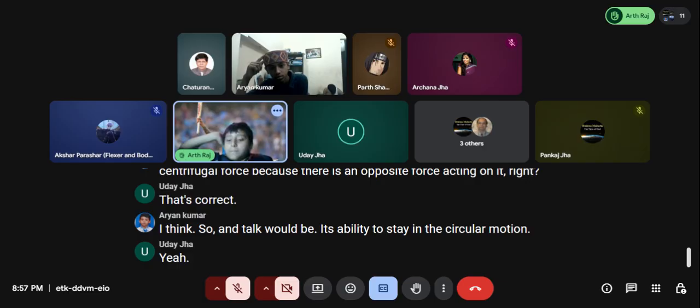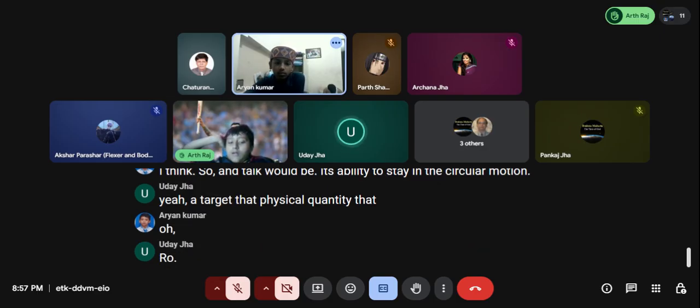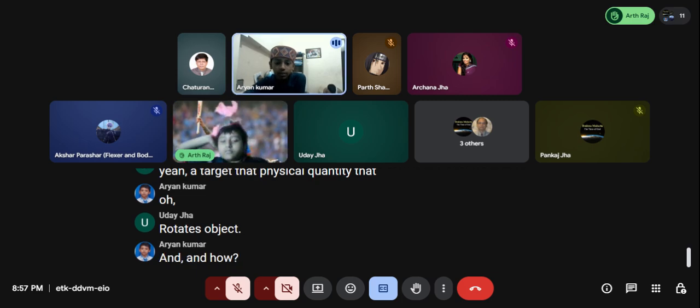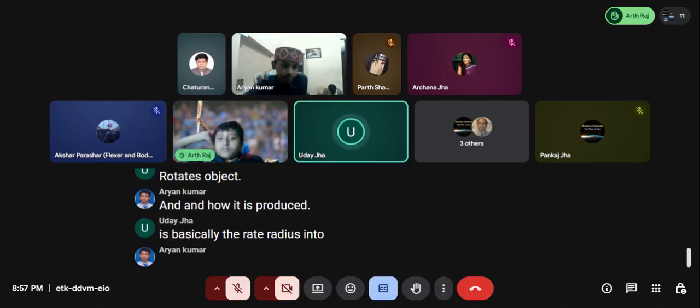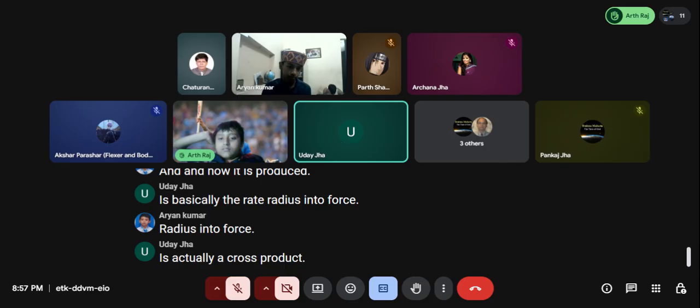Torque is that physical quantity that rotates the object. And how is it produced? Torque is basically radius into force. It actually is a cross product, because you understand what is scalar and vector.